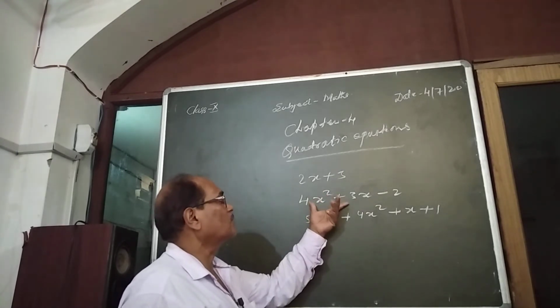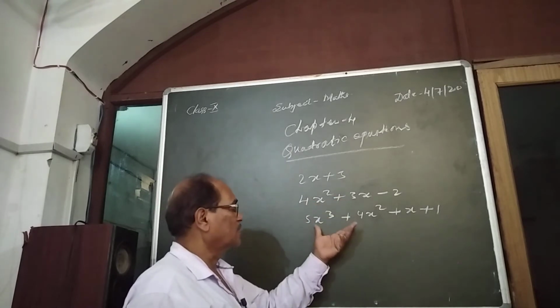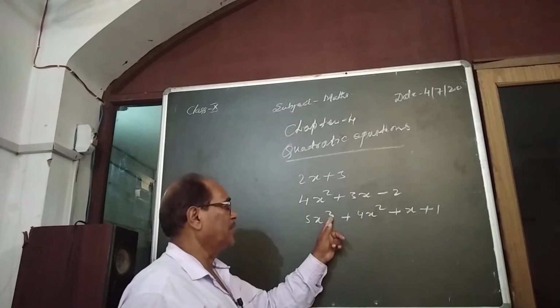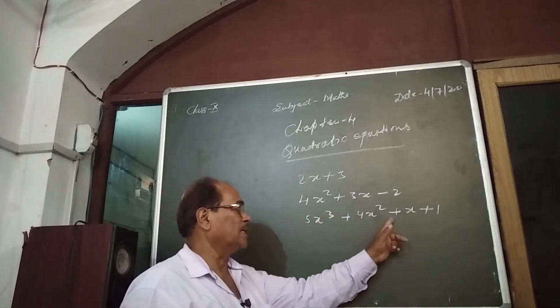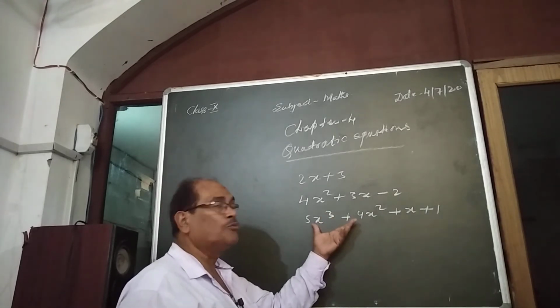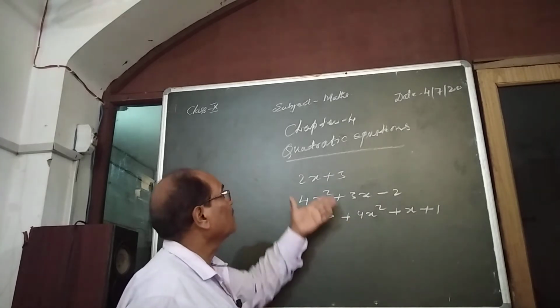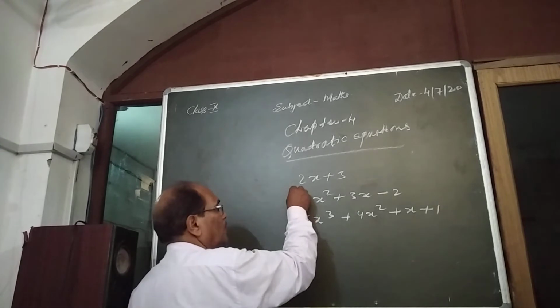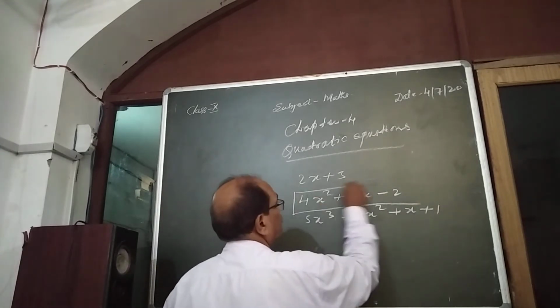So it is called a quadratic polynomial. In the third one, the degree is 3 and the variable is x. This is called a cubic polynomial. But our topic is the quadratic polynomial, so we will focus on that.